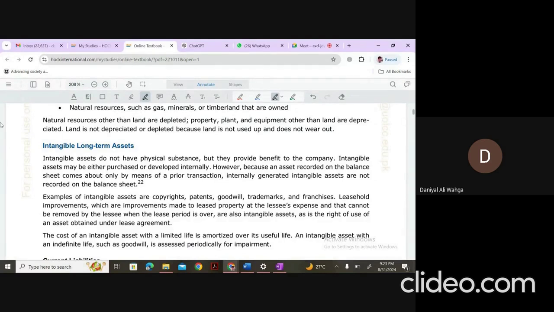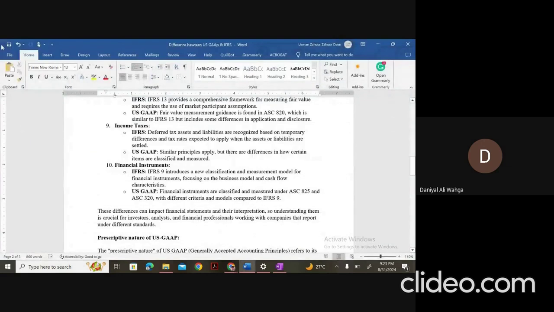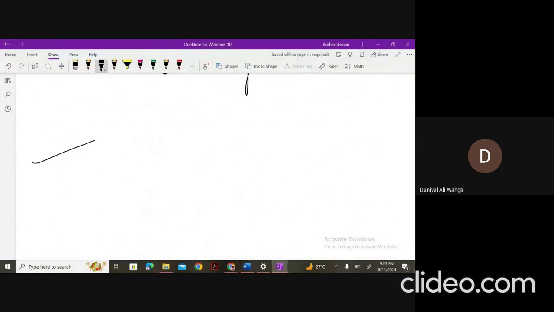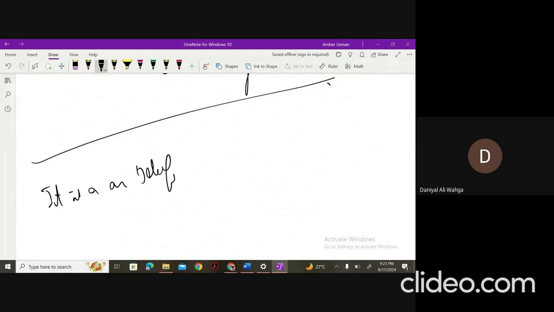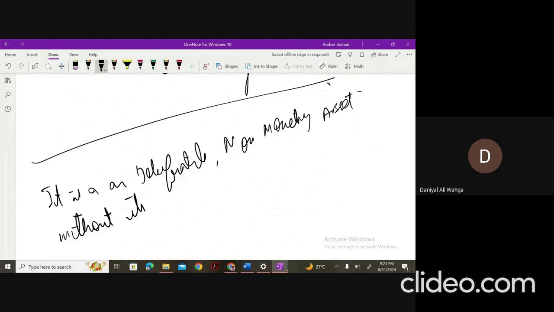Okay, the normal definition of an intangible asset is basically an identifiable non-monetary asset without physical substance. Okay, it is an identifiable non-monetary asset without physical substance.